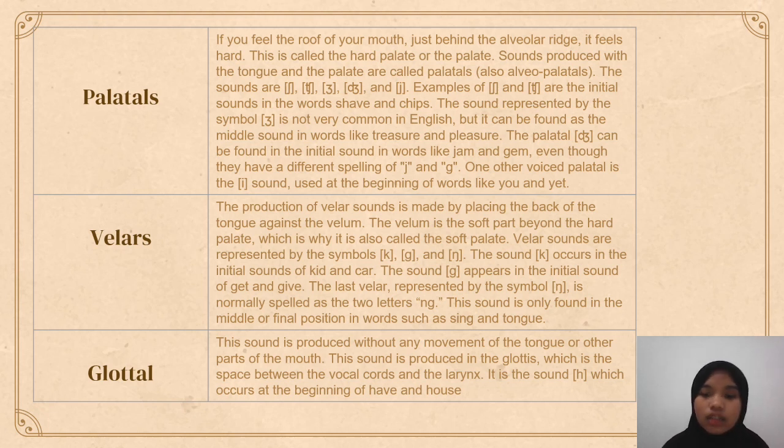So the last is glottal. This sound is produced without any movement of the tongue or other parts of the mouth. This sound is produced in the glottis, which is the space between the vocal cords in the larynx. It is the sound H, which occurs at the beginning of have and house.